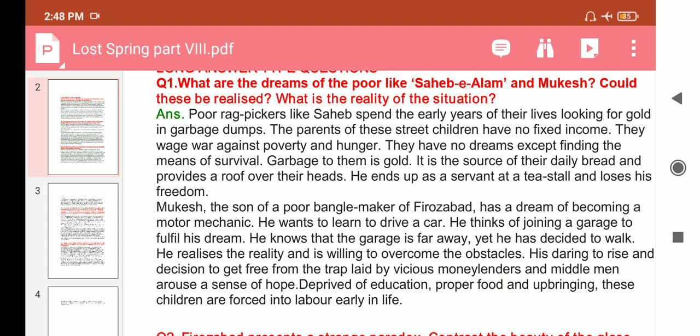They wage war against poverty and hunger. They have no dreams except finding the means of survival. Garbage to them is gold. It is the source of their daily bread and provides a roof over their heads. He ends up as a servant at a tea stall and loses his freedom.